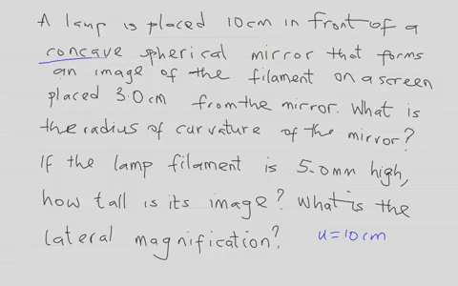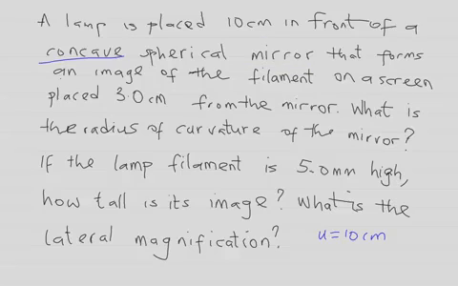So we have the mirror is concave. And that forms an image of the filament on a screen placed 3 centimeters from the mirror. Now, listen, the object is placed 10 centimeters from the mirror, so U is 10.